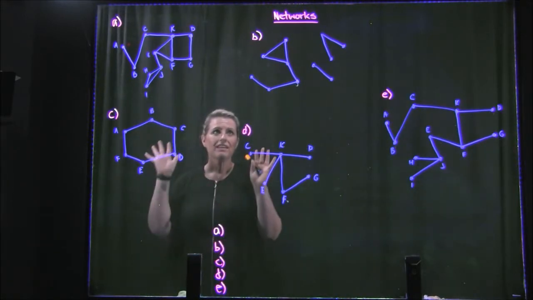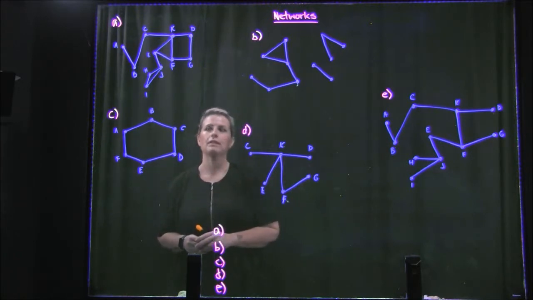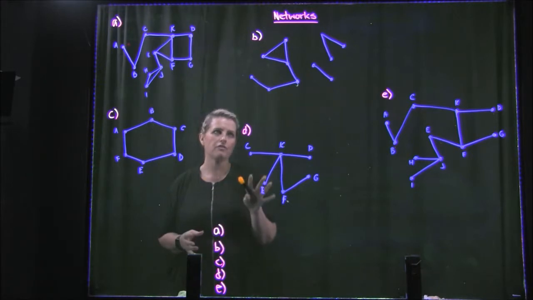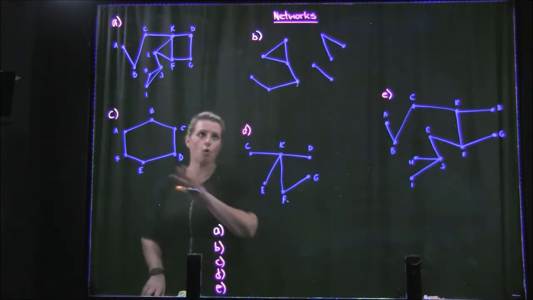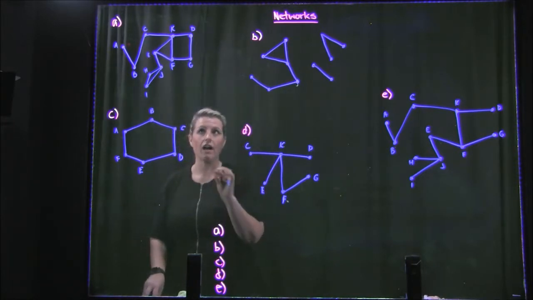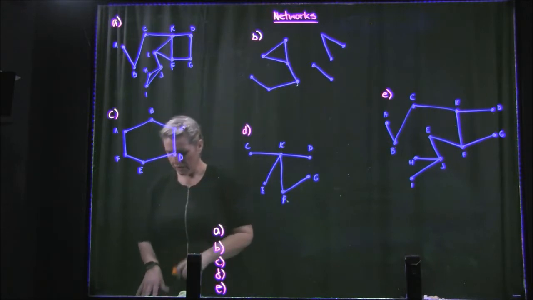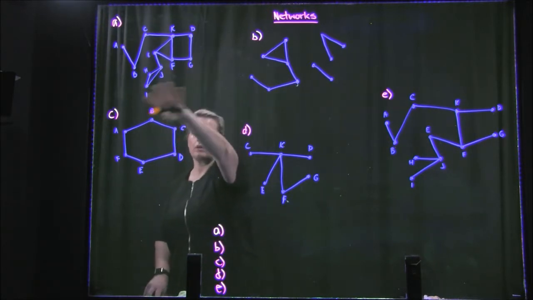Okay, so now our last part of the identifying example is we're going to just identify these different types of networks. So I've got 5 different networks here. We're just going to break them down. So first of all 5 of these networks are undirected. So you can see none of them show direction, all of them are undirected. So in A, all of the nodes in the network are joined.